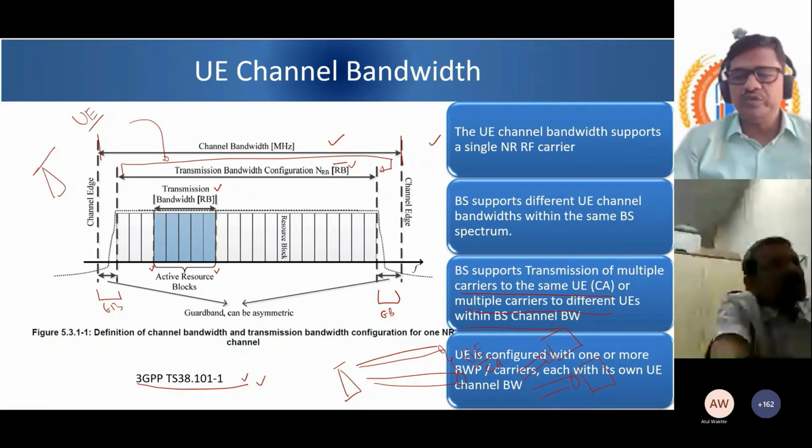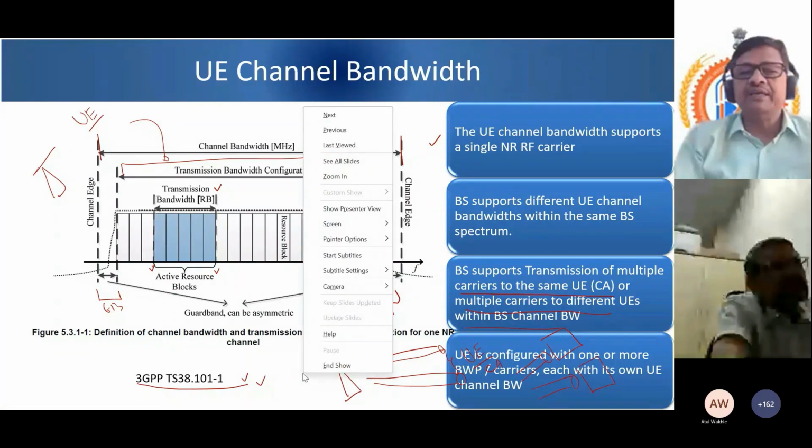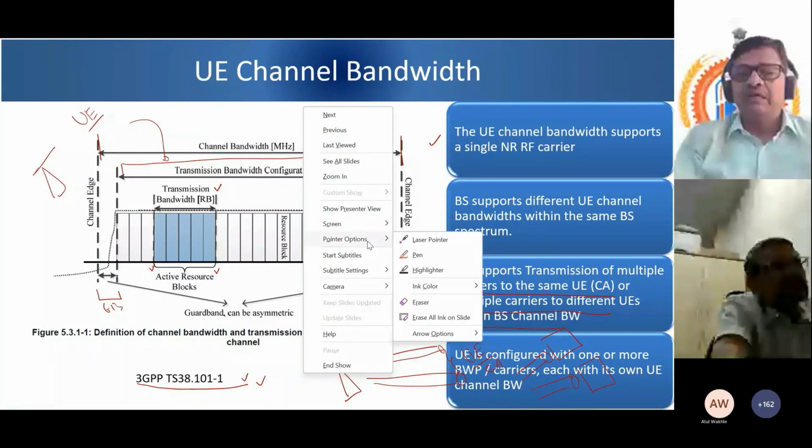That means one UE can support one carrier or more than one carrier, and a certain number of bandwidth parts in each of these carrier components.